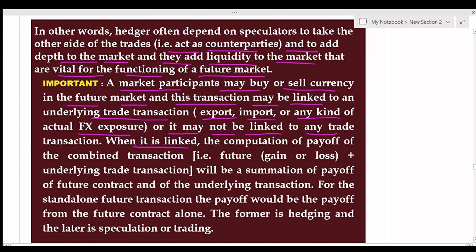When it is linked, the computation of payoff of the combined transaction, that is future gain or loss plus underlying trade transaction, will be a summation of the payoff of the future contract and of the underlying transaction. For a stand-alone future transaction, the payoff would be the payoff from the future contract alone. The former is hedging and the latter is speculation or trading.